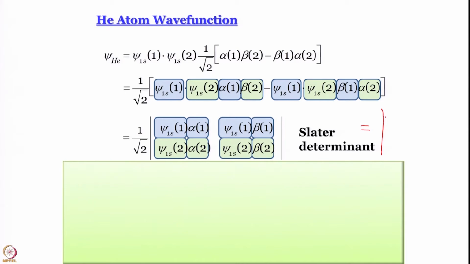So, you write psi 1s alpha and then write 1, psi 1s alpha 2, and this one is psi 1s beta 1, this is psi 1s beta 2. This is another way of writing the same thing, a matter of convention, nothing else.